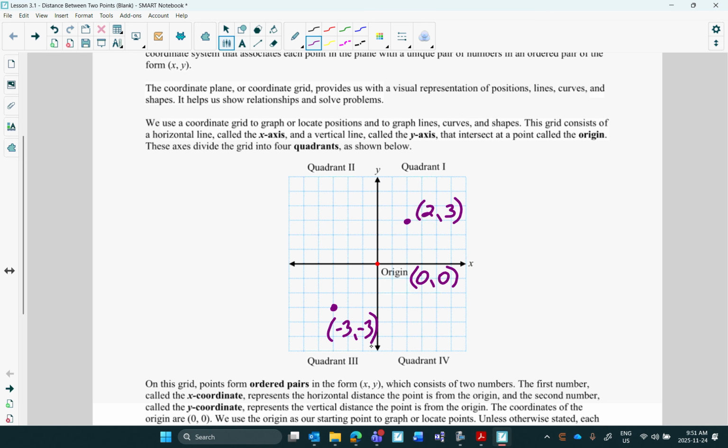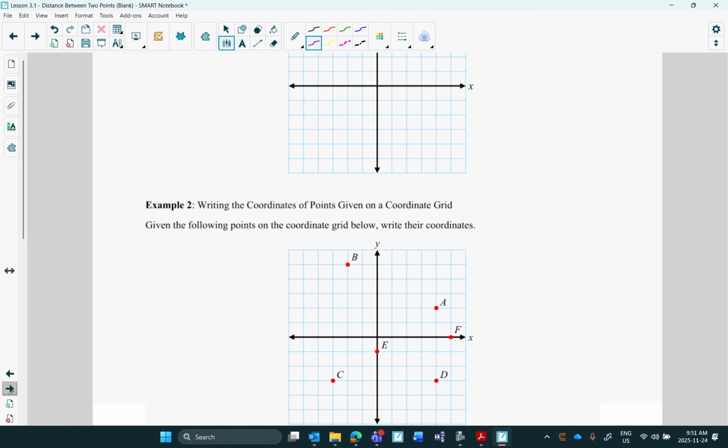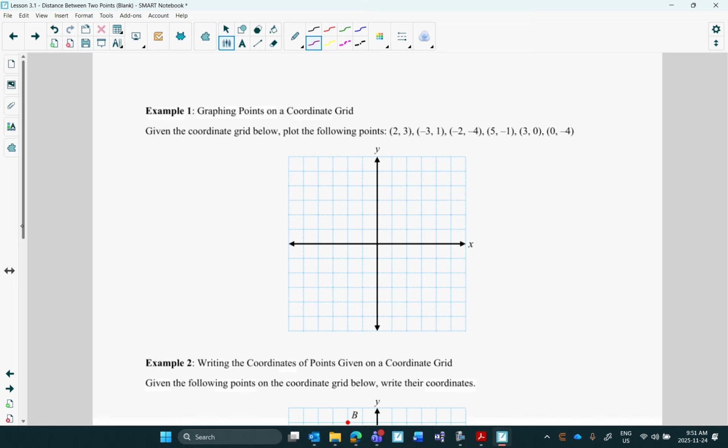So knowing that, see if you can plot these 6 points. And instead of labeling with the numbers, just call them capital letters and label them with capital letters. Hopefully this should be pretty straightforward.